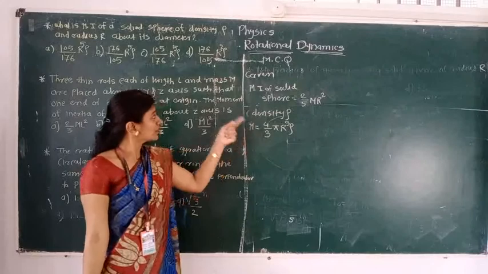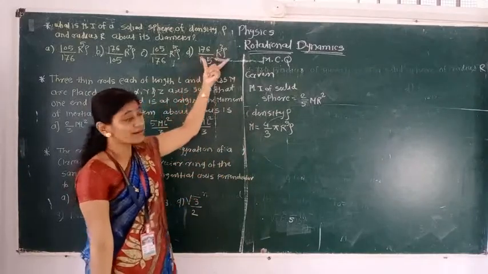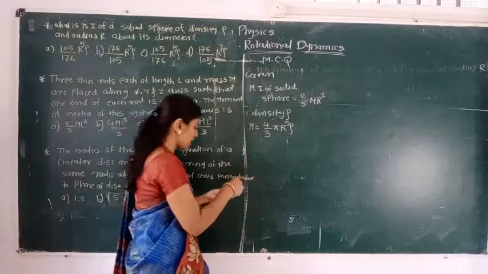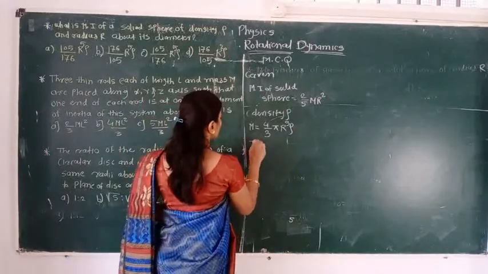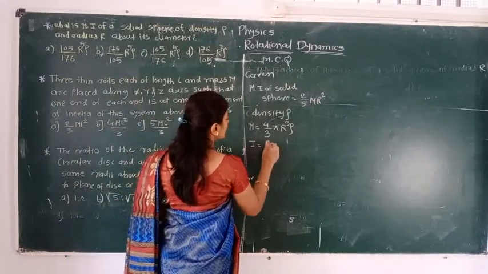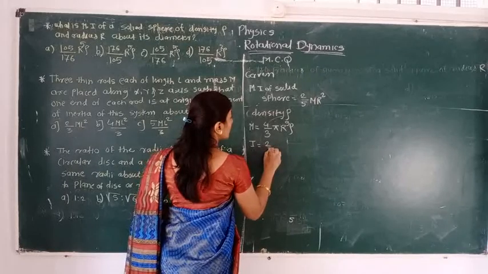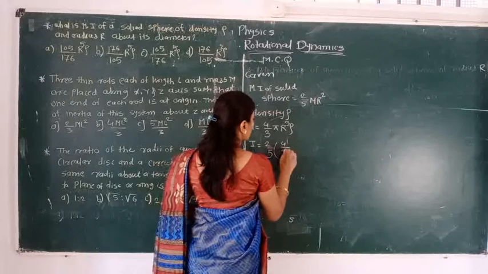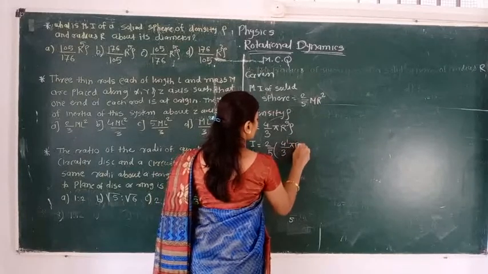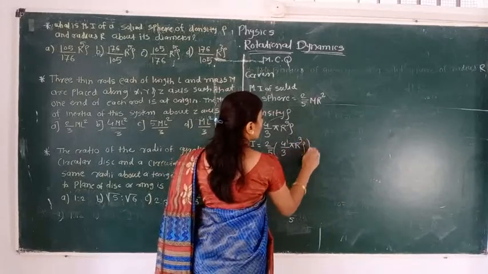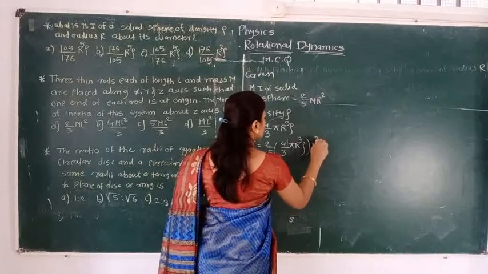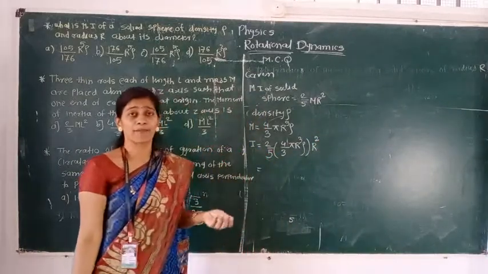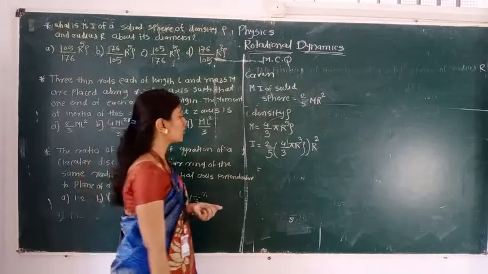Here we have the formula in terms of radius and in terms of density. So by putting this value, we will get the moment of inertia of the solid sphere as 2 by 5 into 4 by 3 pi r cube rho into r raised to square. We take the value of pi as 22 by 7.